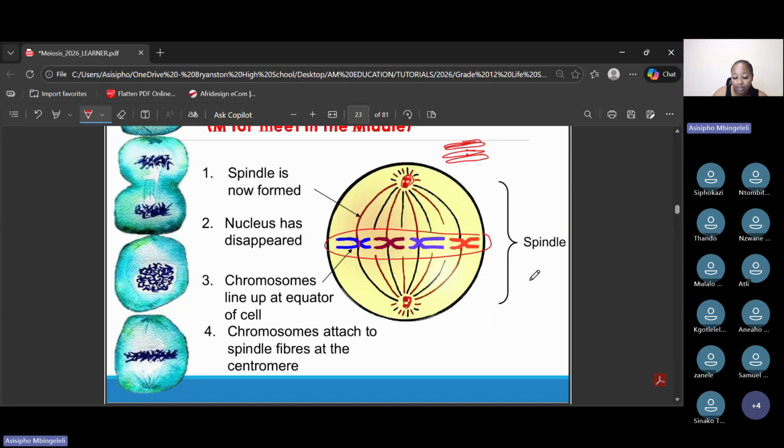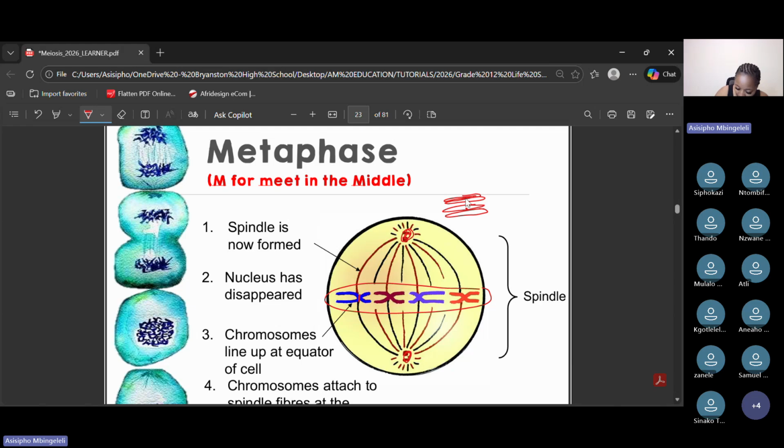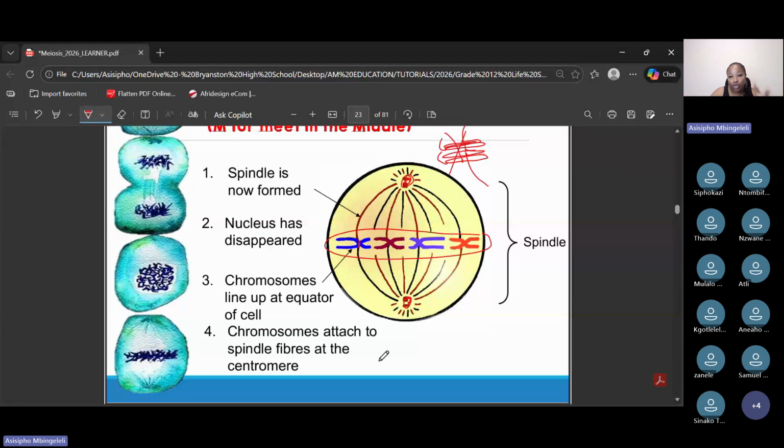So they are not in pairs. This is chromosome 1 and chromosome 2. It is just one chromosome arranged next to another. That is very important. And again, here we're using the word chromosomes, chromosomes, chromosomes.